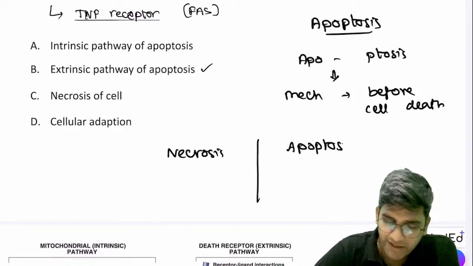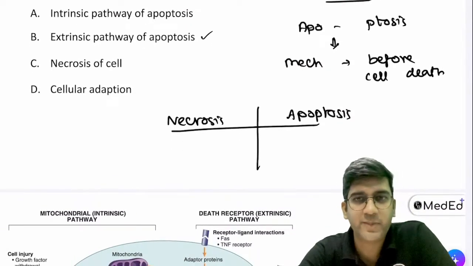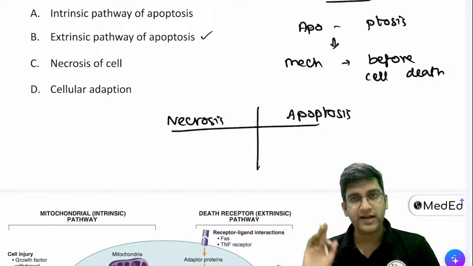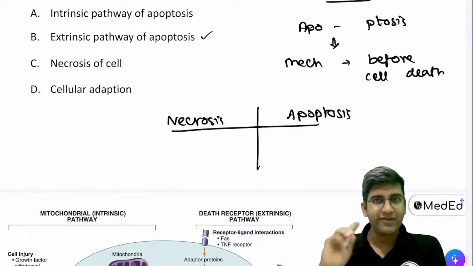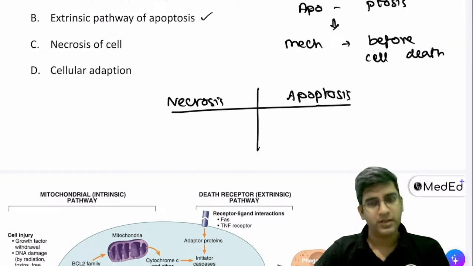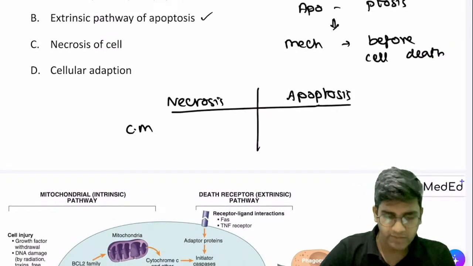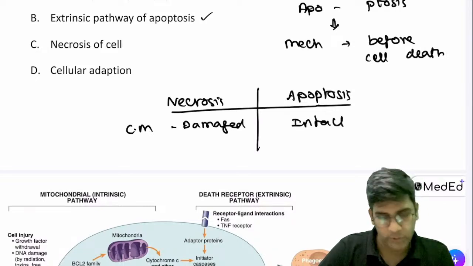We'll just have a quick out of the box thinking, and then we'll obviously go to the things as well. Now, if you have a look at this, tell me which will have cell membrane damage, apoptosis or necrosis. I'm writing CM for cell membrane, will obviously be damaged in necrosis, right? It'll be intact in case of apoptosis, right?